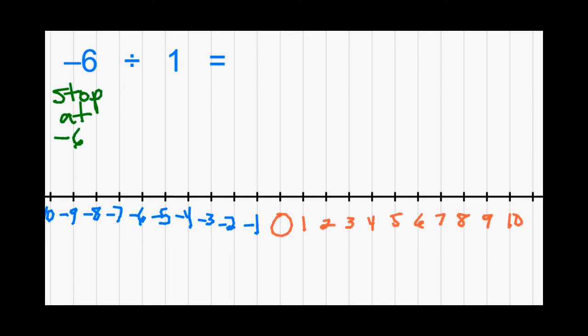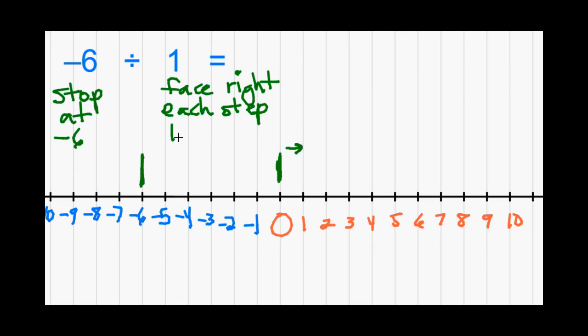Let's mark -6 off right here on our number line. We're going to start at 0. What this is going to tell us here is that we're going to face right, toward the positives there. And each step that we take is going to be 1 unit long.